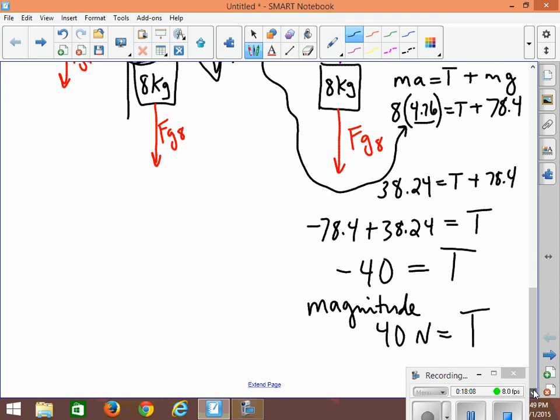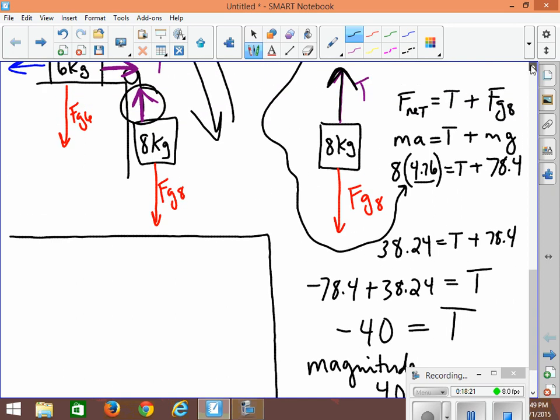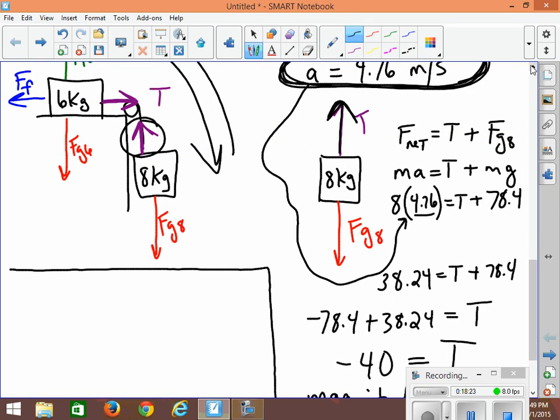Now, if we were to do the very same thing with the other block, we would end up with the very same answer. So just to show you that, let's go through that one too. We could take the other block in isolation, the 6 kilogram block, and I'll just draw him. He sits here on the tabletop, 6 kilograms.